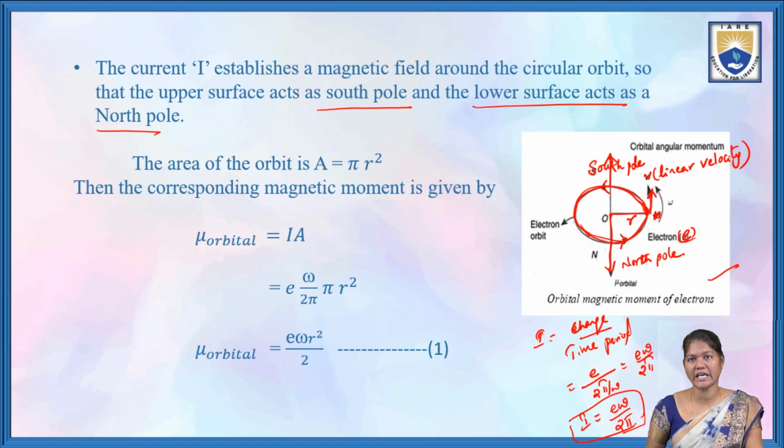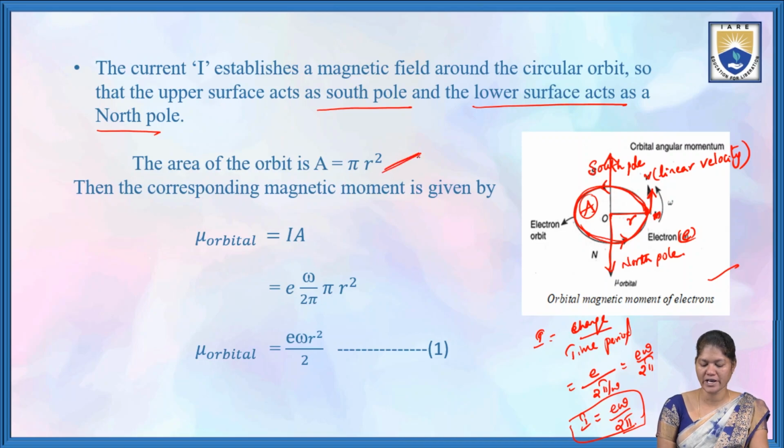Then coming to the area of the orbit, A. As the electron is revolving around the nucleus in a circular orbit, the area of the orbit A is equal to pi r square.